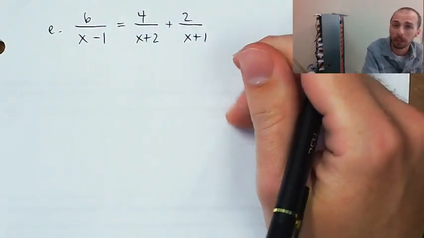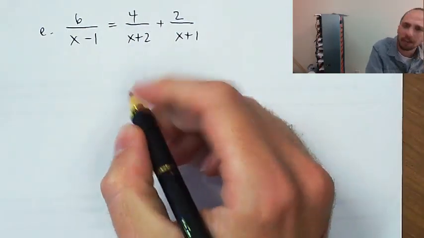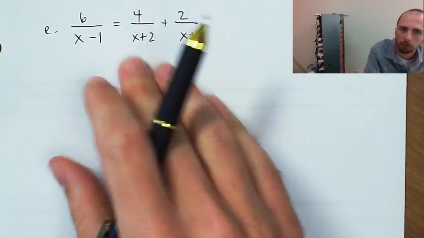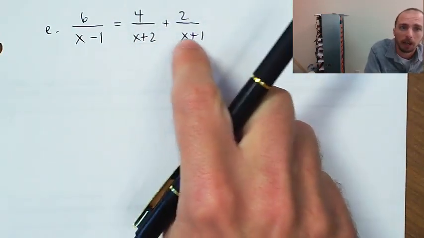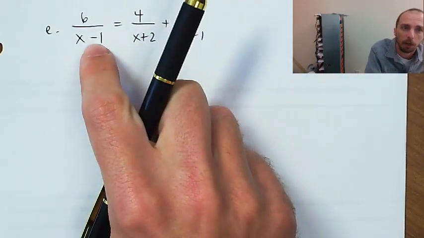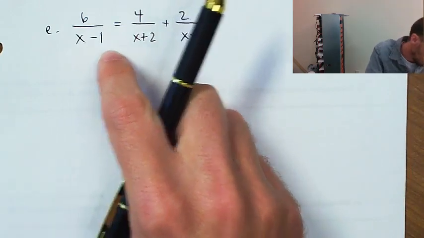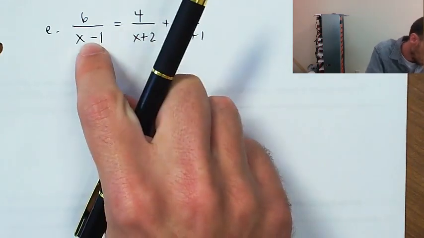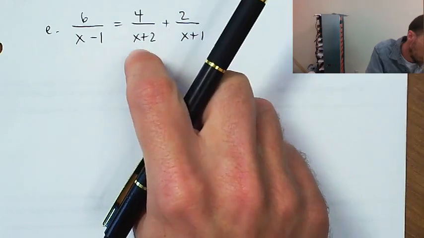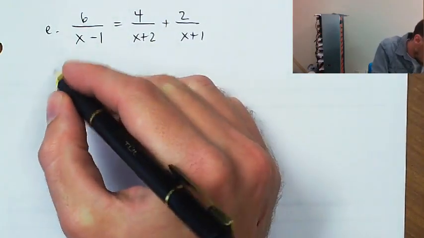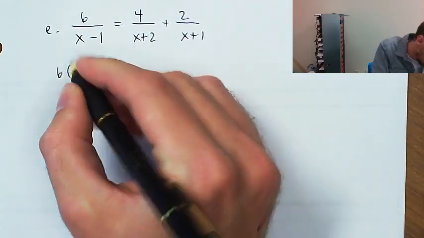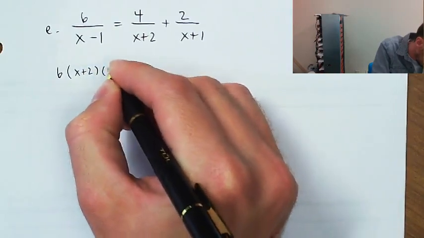And so I'm expecting to get no solution here. I'm not saying it's impossible for these equations to return a solution, but I'm going to need a common denominator here. So what it's going to be is the common denominator will be x minus 1, x plus 1, x plus 2.